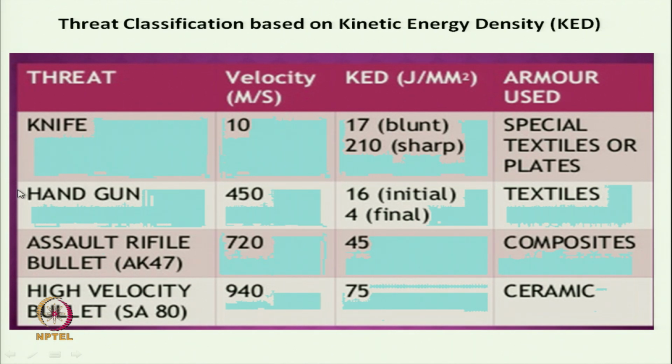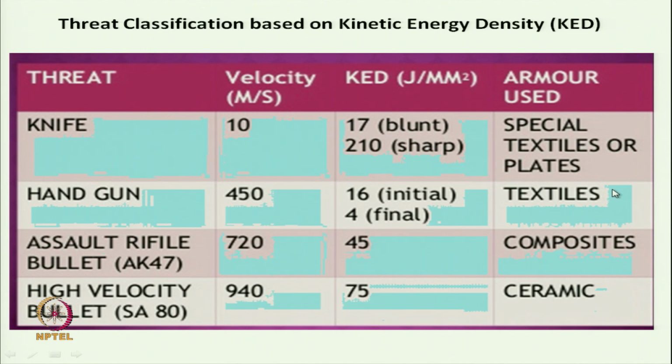For a handgun, the velocity is around 450 meters per second, and the kinetic energy density initially is 16, and after penetration finally it is 4.